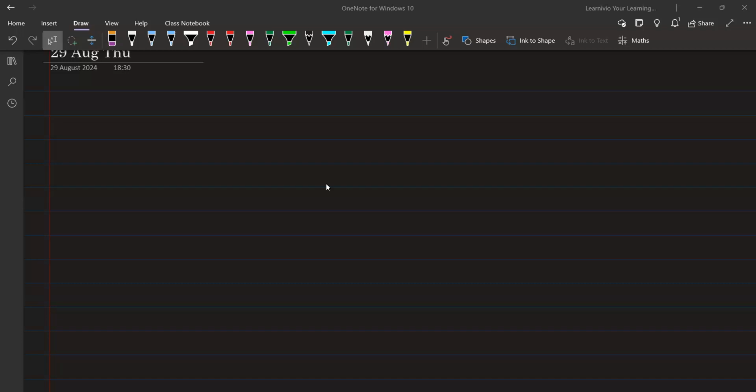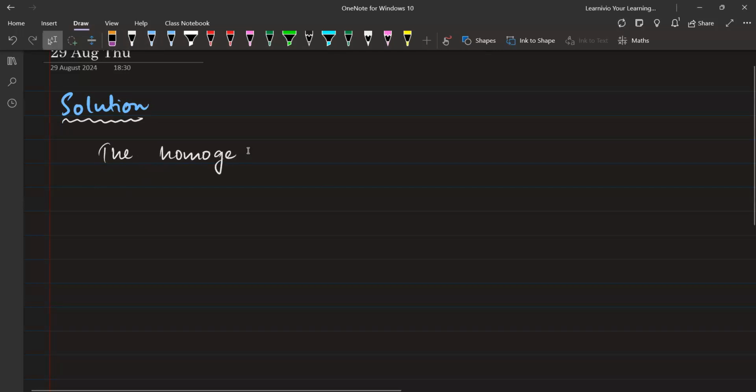Okay. Solution. So basically, solution is what? It is a homogeneous mixture of two or more substances. Please write it with me. The homogeneous mixture. I hope you know the meaning of homogeneous. Uniformly mixed.